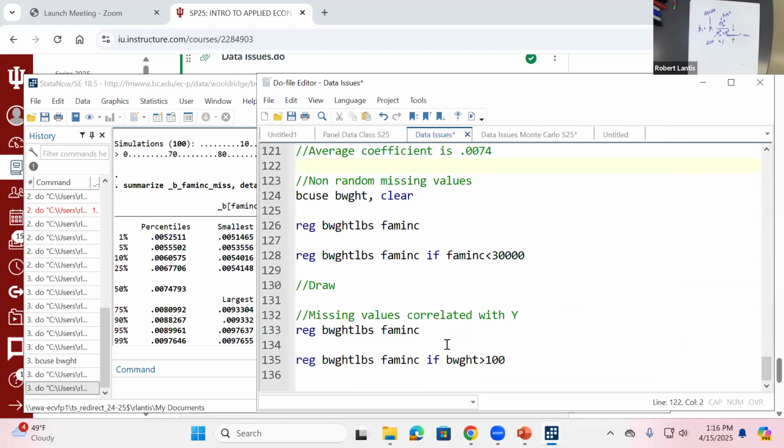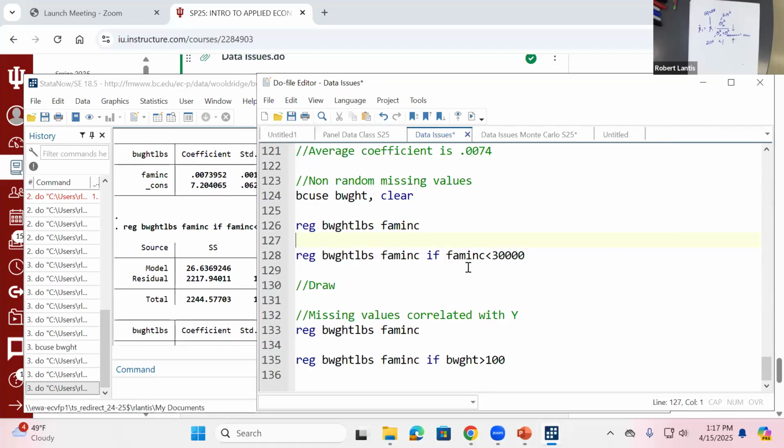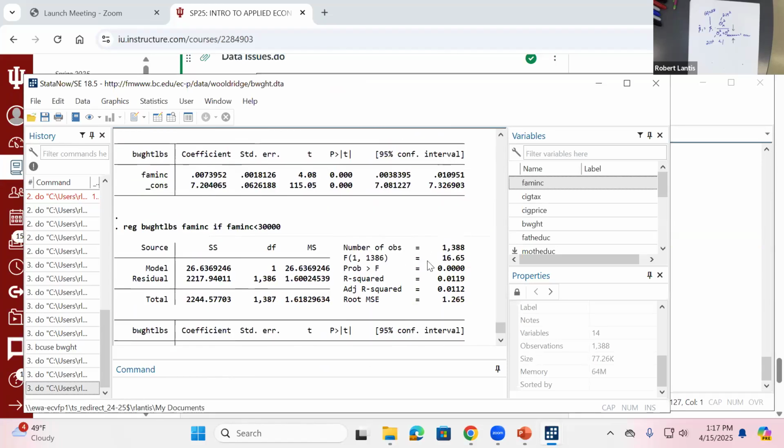Now, if I instead had something, and we don't even have to run a simulation of this, if I'm just missing family income that's less than 3,000, I could just use an if statement to prove the data is not randomly missing. Well, what's going to happen there? Actually, what did I do? Did that drop any observations? No, that's why.